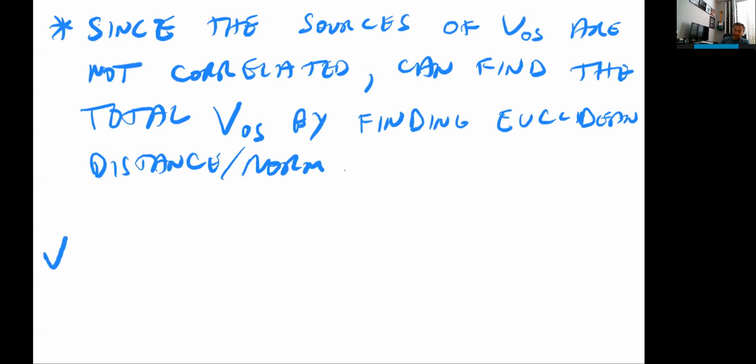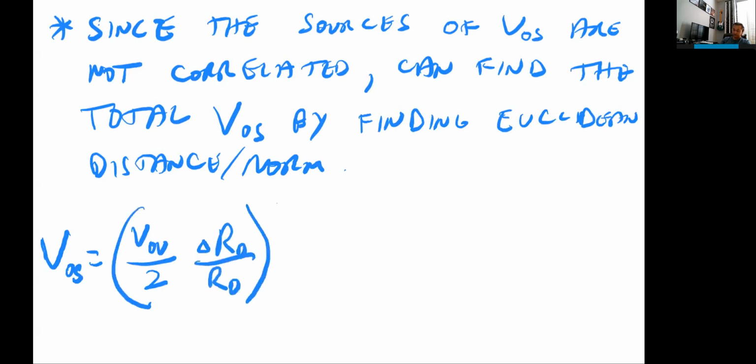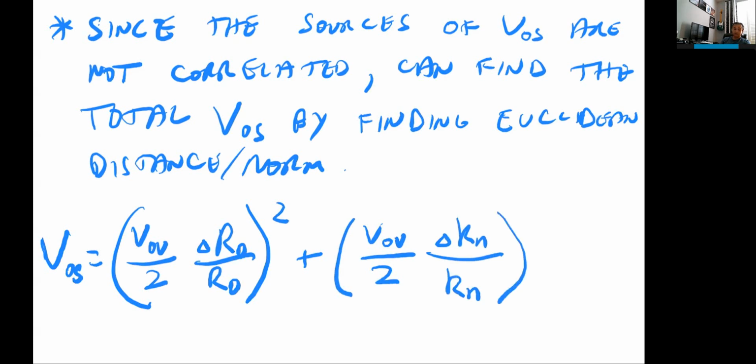So then my total offset due to all the effects: the first one is due to the mismatch on the RD. So that was, if you recall, the overdrive voltage divided by 2 times the change, then the one due to the Kn change or variation or mismatch, and the one due to the VT change, which is just the mismatch.